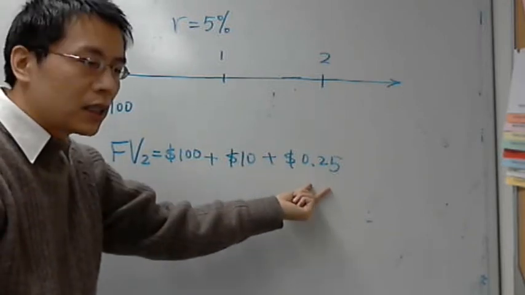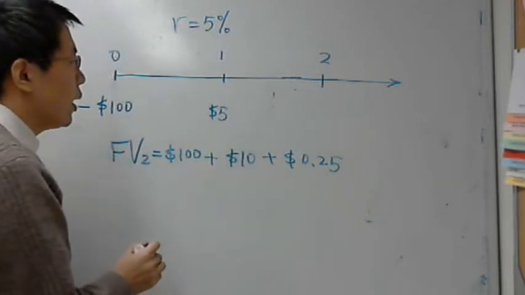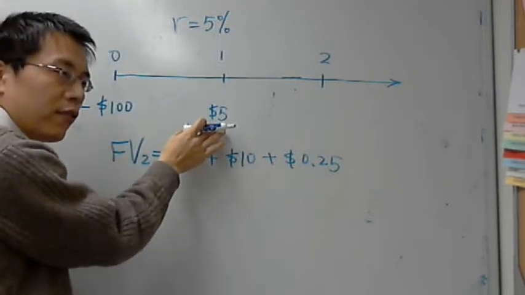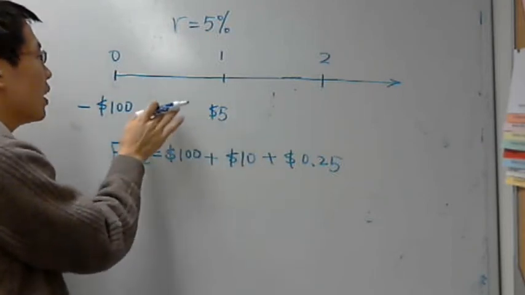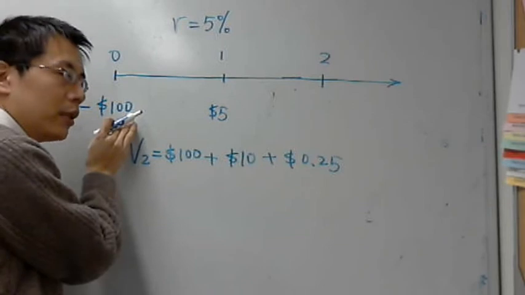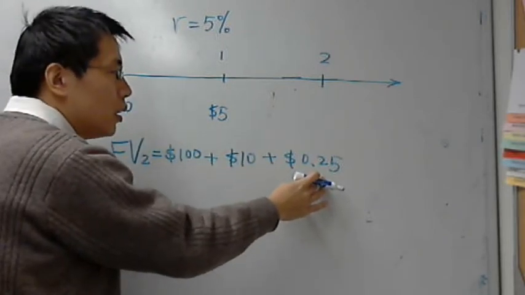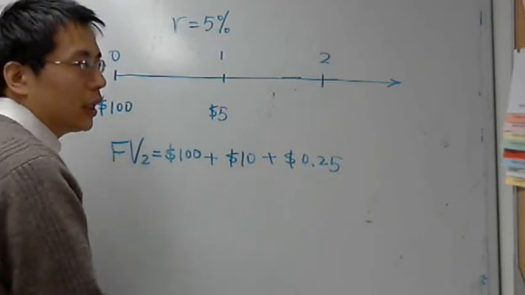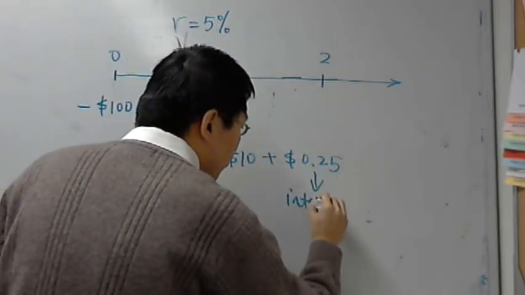The 25 cents represents the interest generated by the first $5 bill, and the first $5 bill happens to be the interest earned in the first period. So this is interest earned by previously generated interest. So we call it interest on interest.